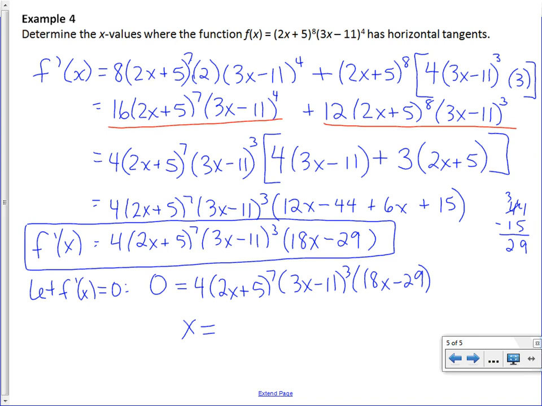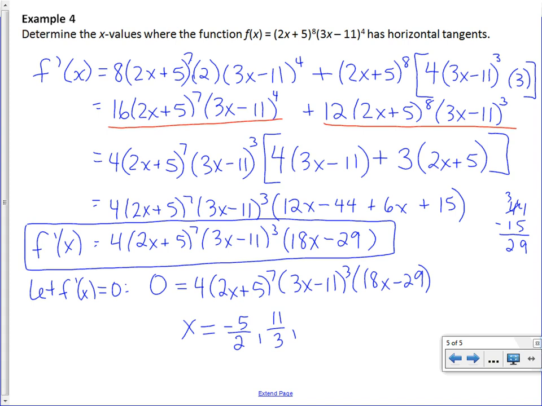That's kind of why, notice in the question I said where are the x values. I'm going to cut you a bit of a break, because plugging these back into the original is annoying. I just care that you found the locations. What's the number that would cause this first factor to be 0? 2x plus 5 is 0 when x is? 3x minus 11 is 0 when x is?